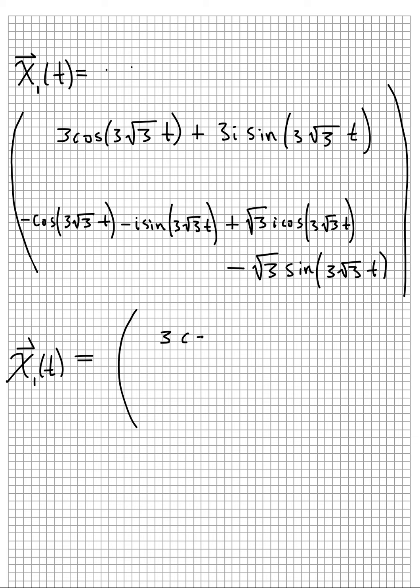That'll be 3 times cosine of 3 times root 3 times t, and then below we have minus cosine of 3 times root 3 times t, minus root 3 times sine of 3 root 3 times t, close and close.